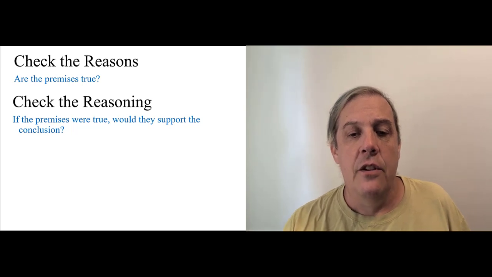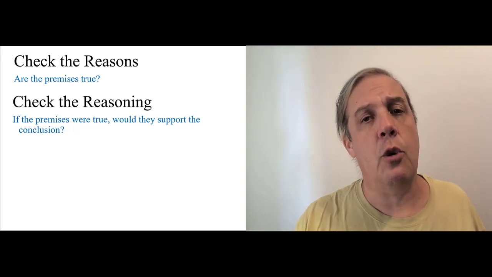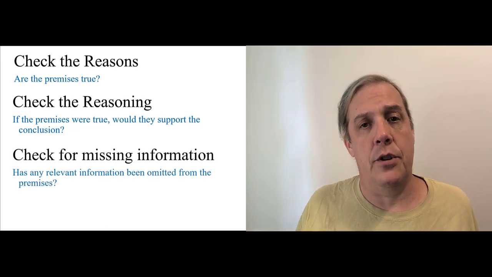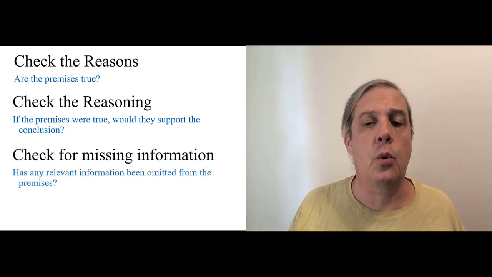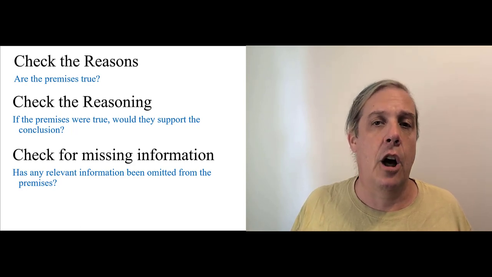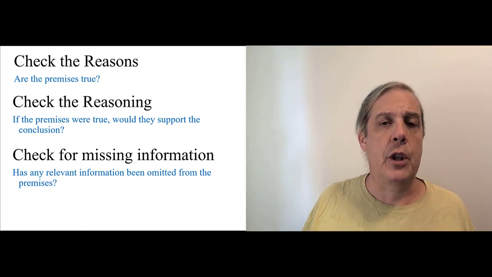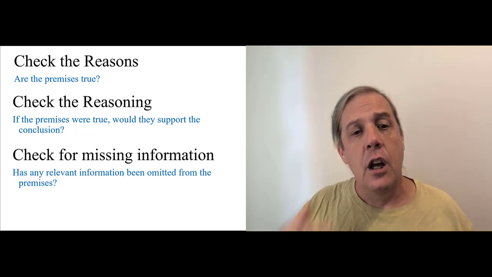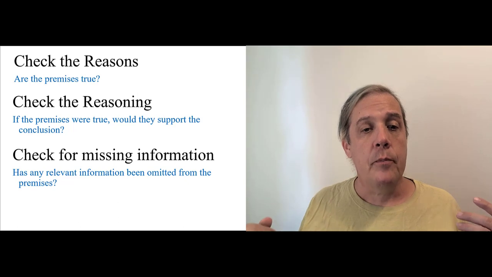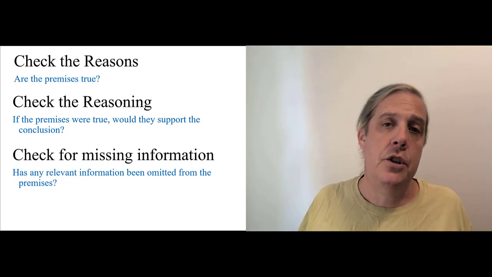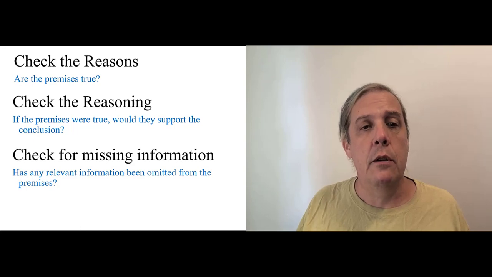The third standard question we want to ask is that we want to check for missing information. And this is because we're in the practical world here. And so we don't just think about the argument itself, we think about the argument in its context. So we want to ask, has any relevant information been omitted from the premises?